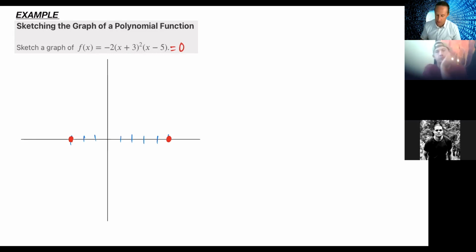Okay? So, when we graph this, because we know it is a cubic polynomial, because of the x squared and the x to the first, or degree 3, we know that we would have a maximum number of turns of 2.